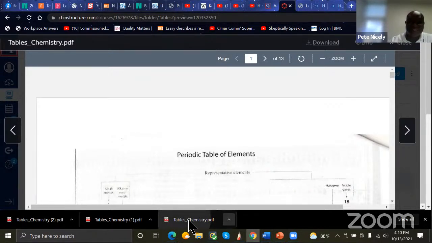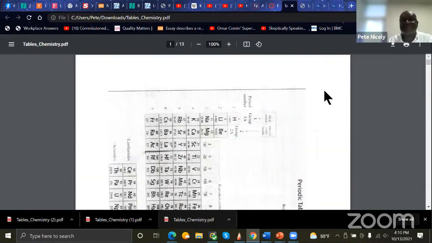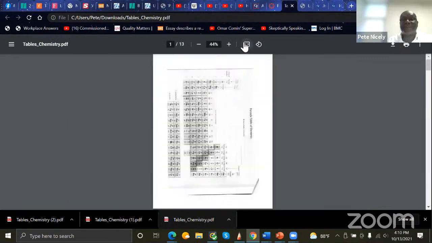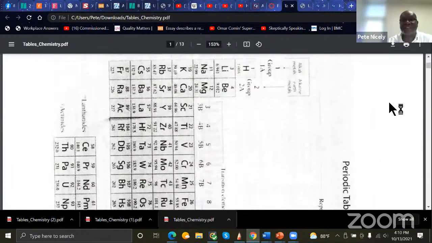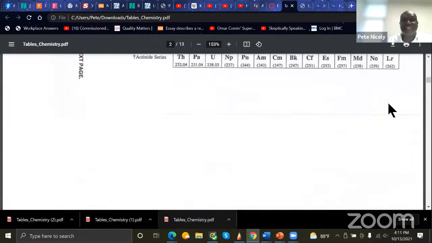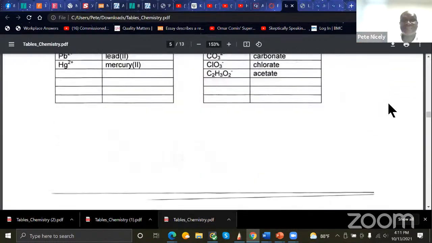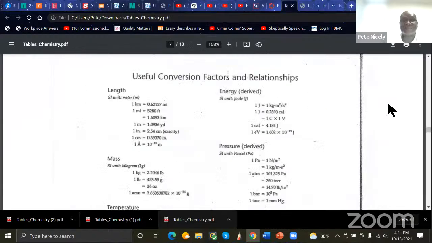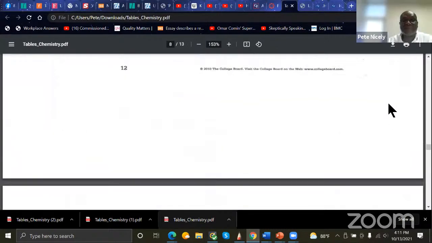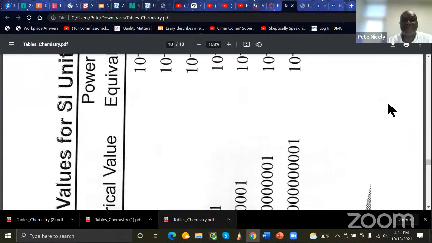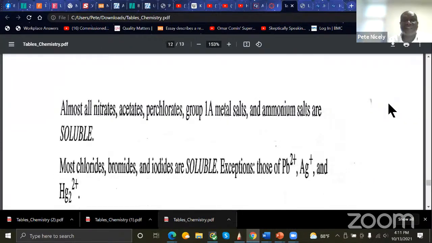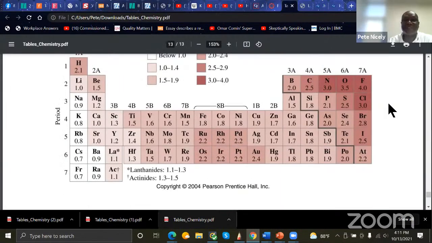For some reason it's, okay, now it's opening up. All right, so the chart or table I'm referring to is located, okay, where are you? Right here.